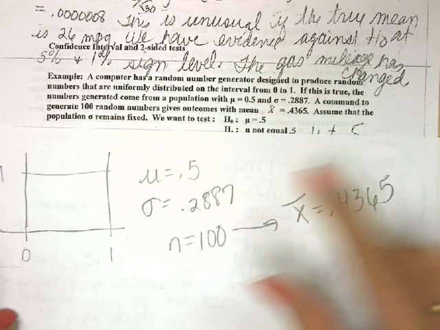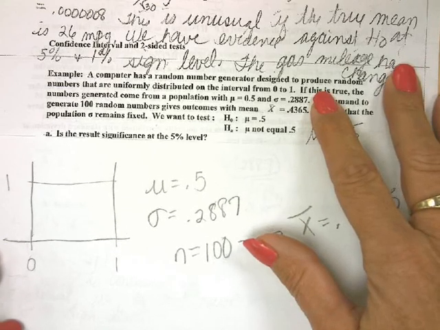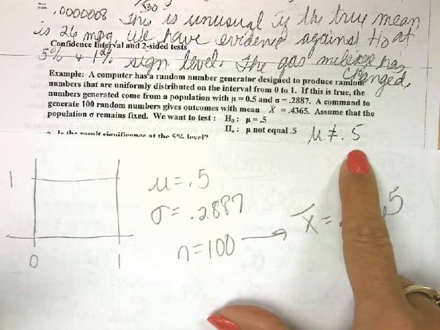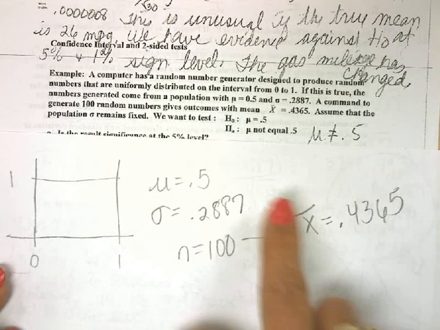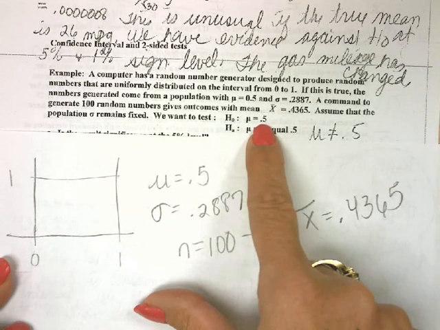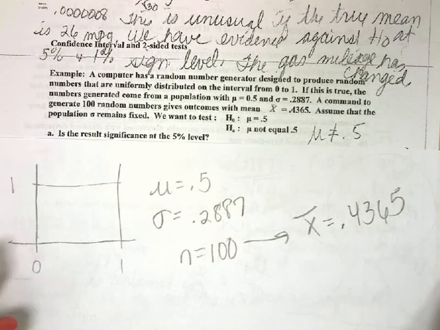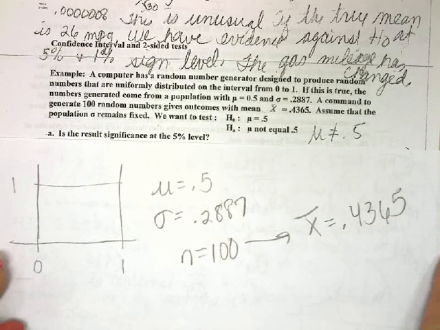And we want to find out, do we have evidence that the mean is no longer 0.5, or that this machine is not working properly? It should generate numbers where the mean is 0.5. We got an X bar of 0.4365, so do we have evidence against the null?